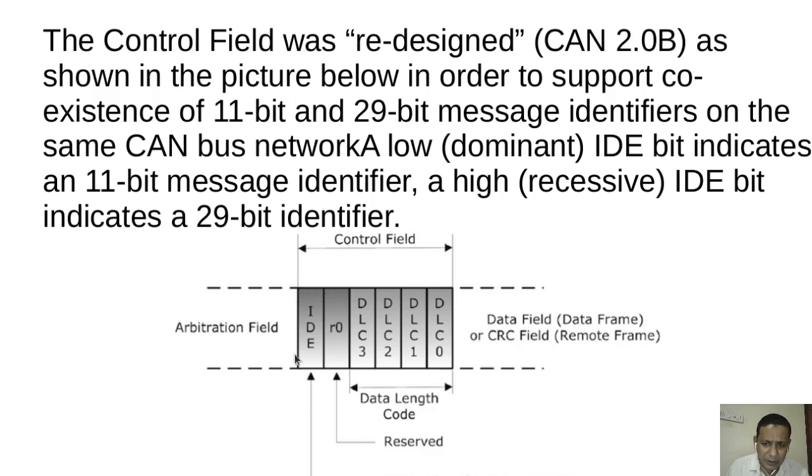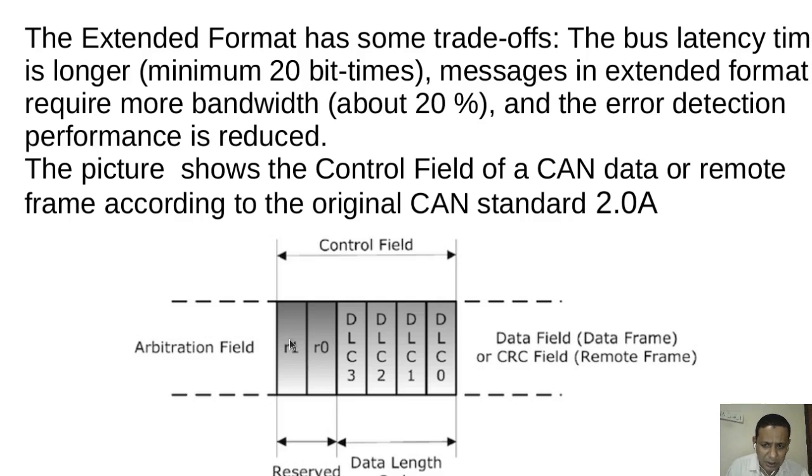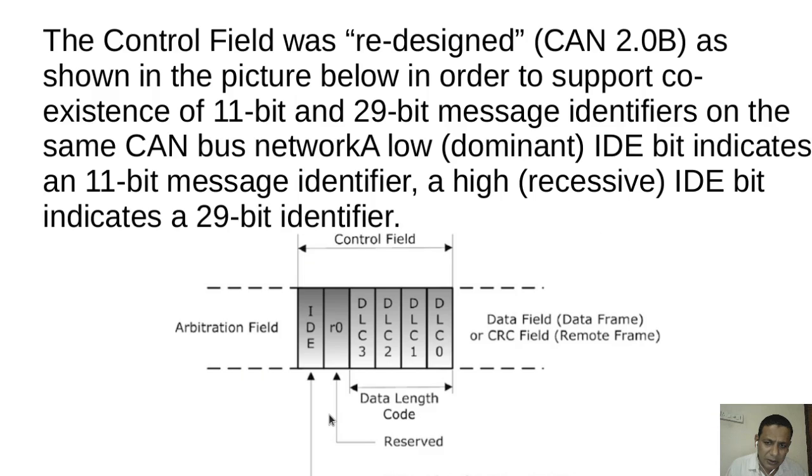This will decide whether it is the extended format or the standard frame format. In the standard frame format, R1 and R0 were reserved for future use. But in the extended frame format, it will be like this. One bit is again reserved, and the other one is the R0 identifier extension, IDE.